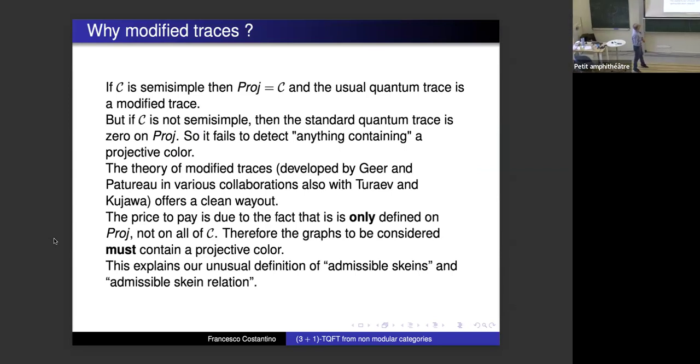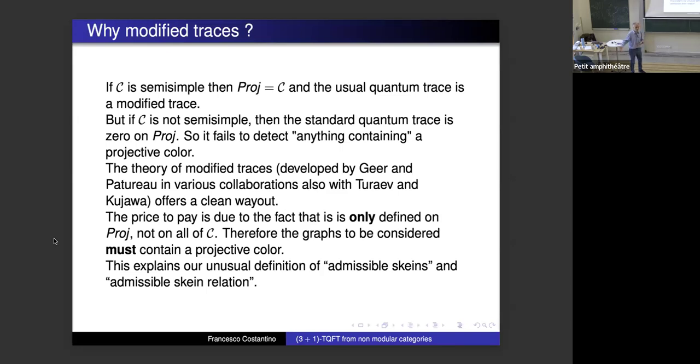Oh yeah, a comment about these modified traces. Why does one care? This is actually what I just told you, the reason why they appeared. They appeared because one wanted to evaluate graphs in the sphere, and if you do the standard Reshetikhin-Turaev construction, as soon as you have a projective color, you get 0.